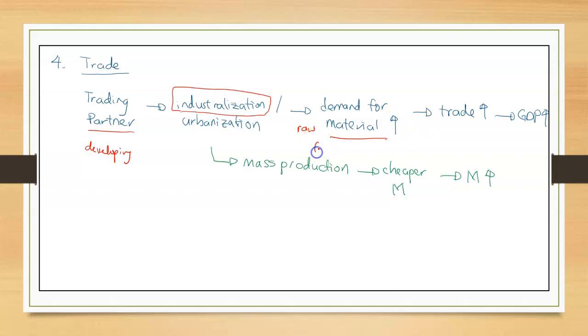For example, iron ore. Australia is the top supplier in the world in terms of iron ore, followed by coal, followed by natural gas. All these things, countries like China, they don't have it. But Australia has it.